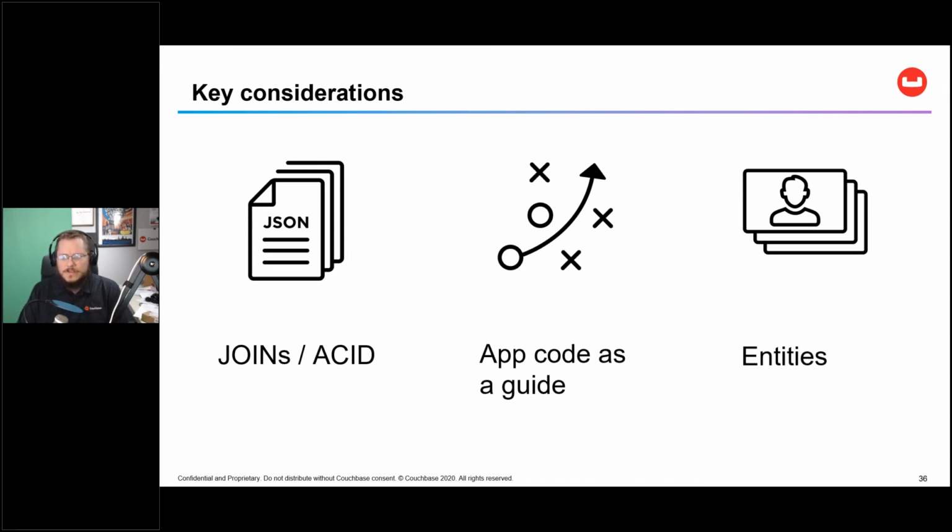So within the scope of my application, does this have a life cycle outside of the thing that always references it? Is address something that is used outside of the person? If not, there's no reason not to just attach that to the person as an object. Ultimately we want to think about: can we reduce the number of transactions? Can we reduce the number of joins? And by doing so, have we met our performance requirements or scale requirements?